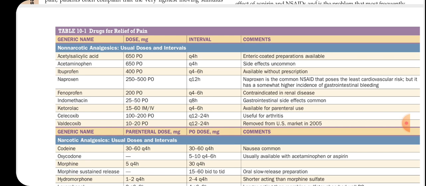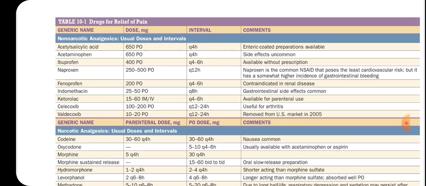Valdecoxib, dose 10 to 20 PO, interval Q12 to 24 hours. Comments: removed from the US market in 2005.